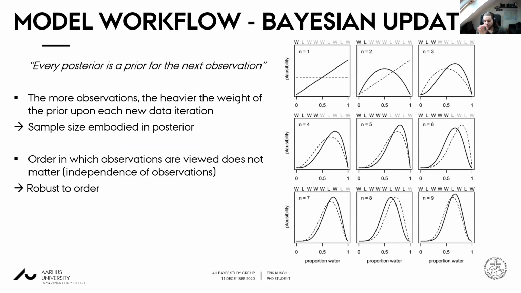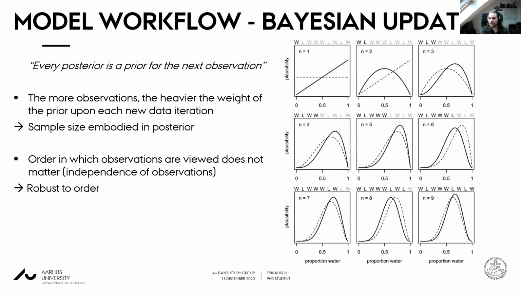What sprung out to me here in the lecture was that every posterior is a prior for the next observation. If we think about this in very crude terms, it is basically going through every observation, taking the prior that we put in the first place for the first observation, shifting that prior around a bit, moving on to the next iteration, using the now updated prior from the first step as the prior for the second step.